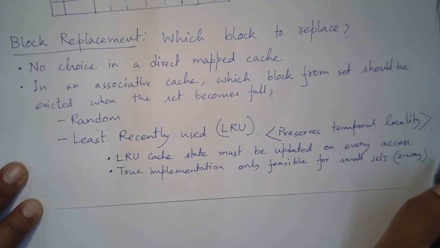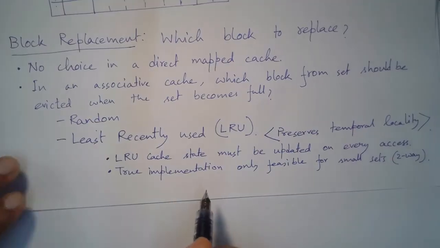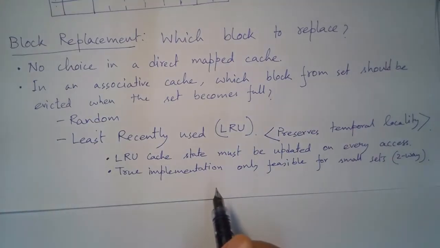Now okay, so we understood that this is tricky to implement in its true sense. So now something intermediate can also be thought of, which is called pseudo LRU.